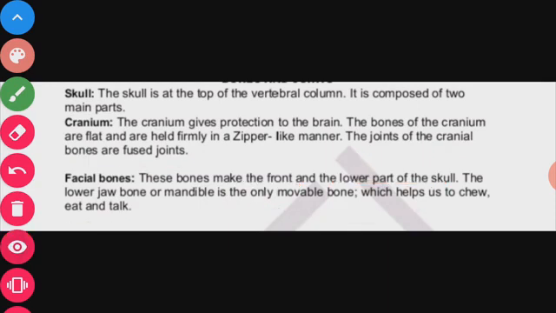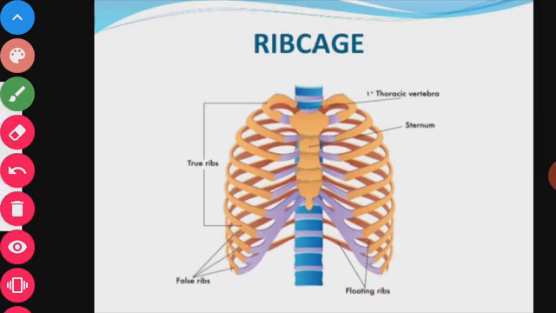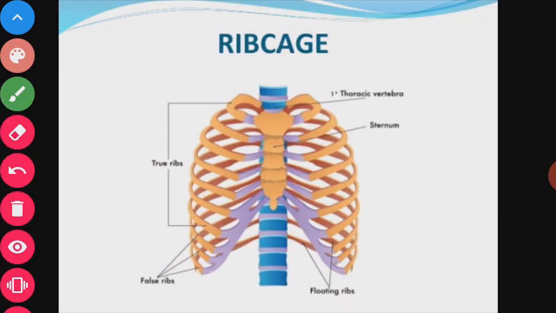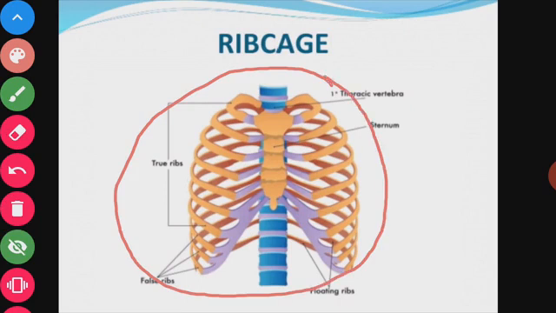The second part of the human skeletal system is the rib cage. Dear students, the rib cage is also known as the breastbone, or we can say ribs. It is a cage-like structure formed of 12 pairs of curved ribs.